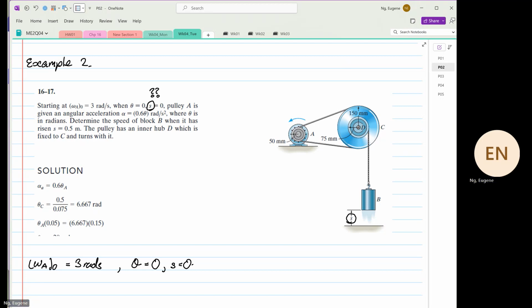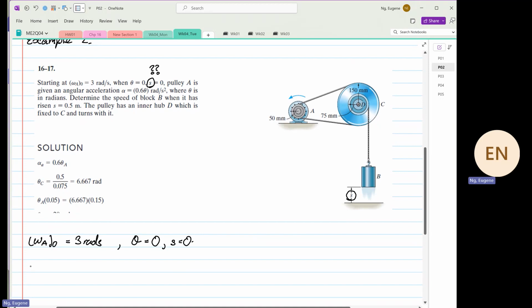Okay. So we are given that the angular acceleration alpha A is equal to 0.6 theta radians per second squared. So the angular acceleration is increasing over time.